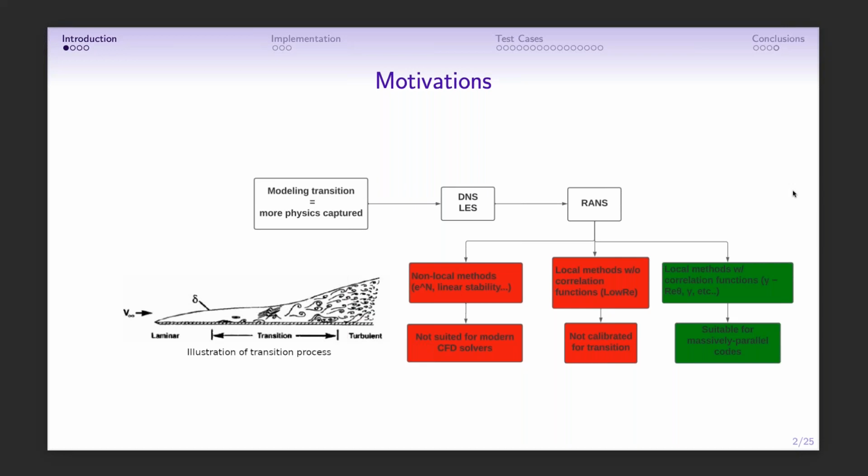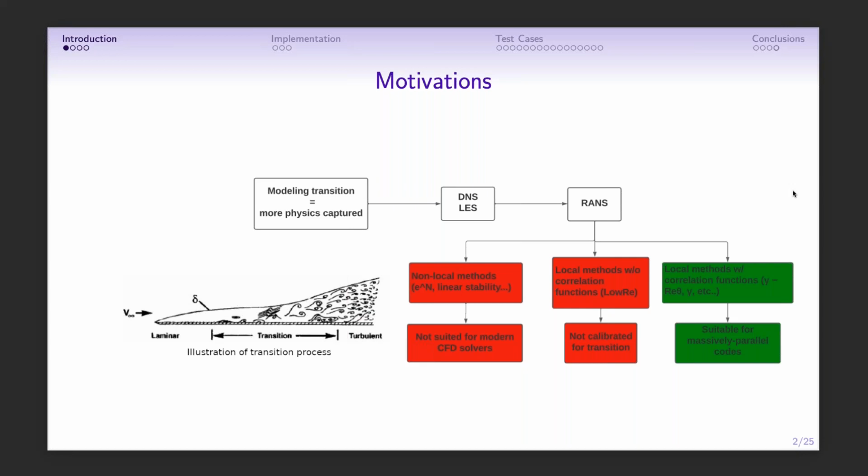Then we have the local methods without correlation functions, like the low-Reynolds methods, which can already be implemented in unstructured CFD codes, but they are not calibrated for transition, so they do not often give good results.